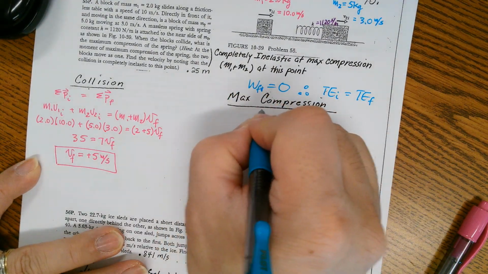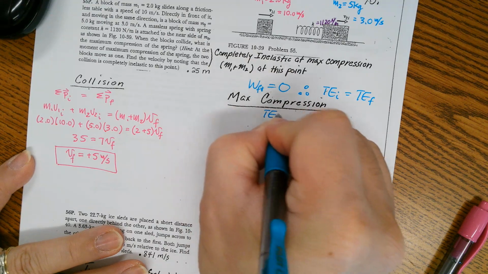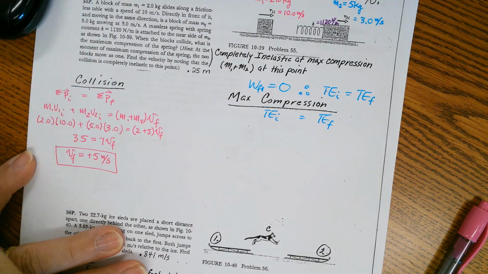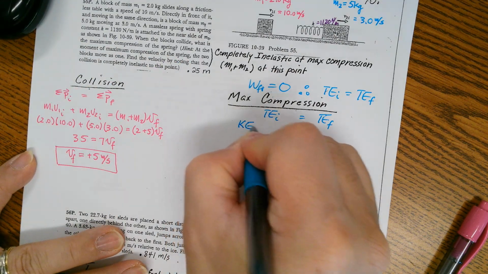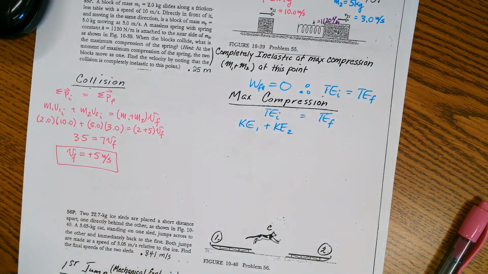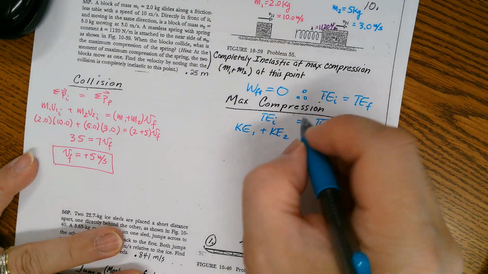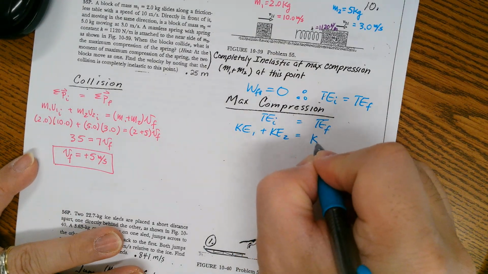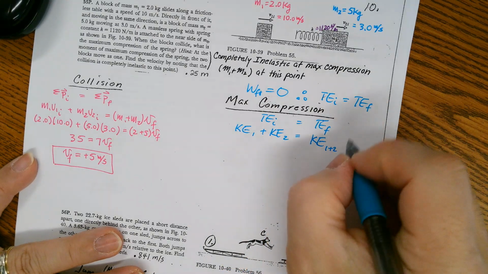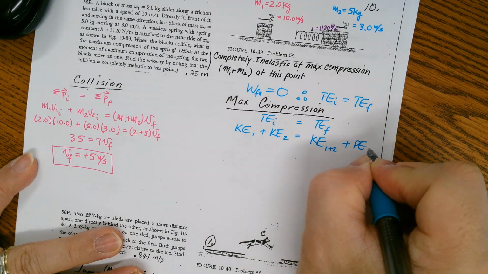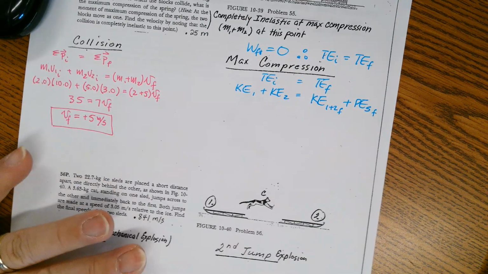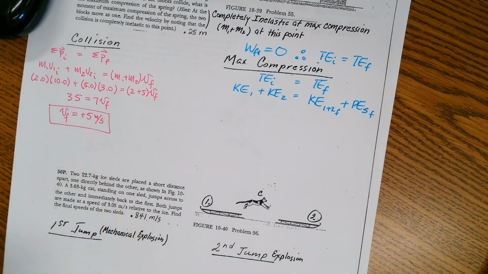So total energy initial is just kinetic energy of mass 1 and kinetic energy of mass 2, but they're both moving. That has to equal the kinetic energy of 1 plus 2 when they're together, plus the potential energy of the spring, final. Does that make sense? Okay.